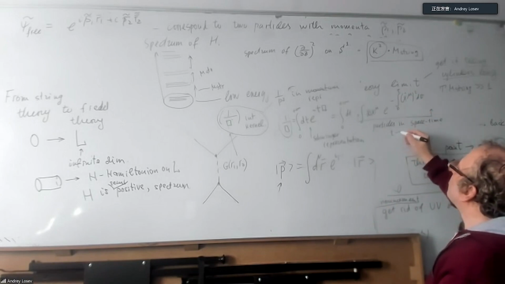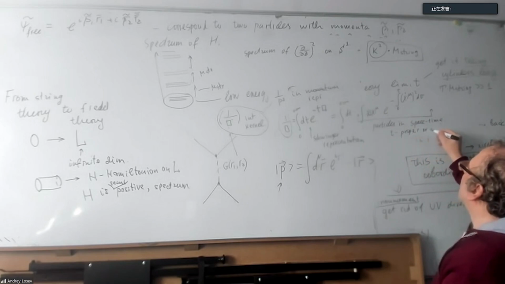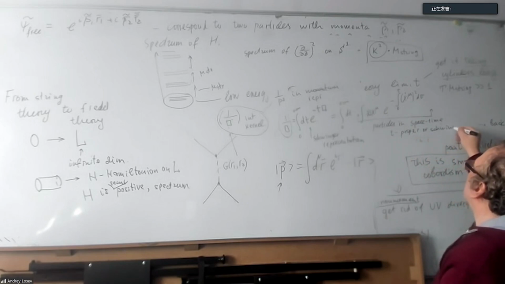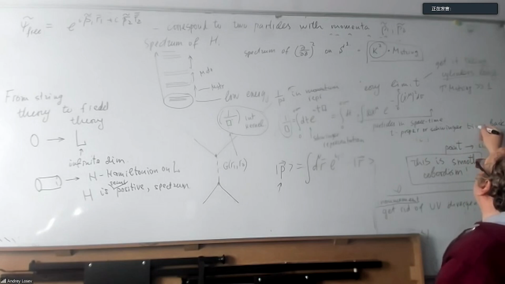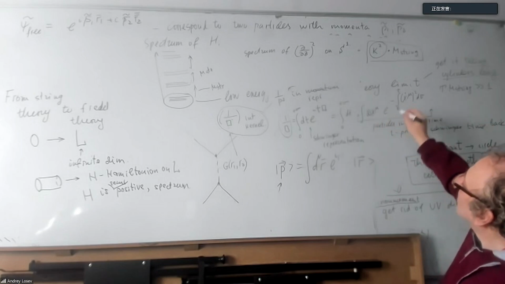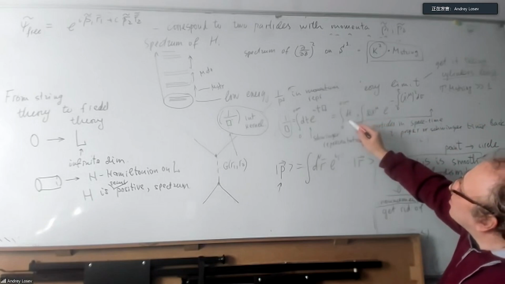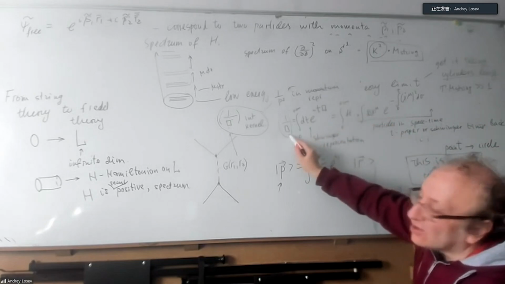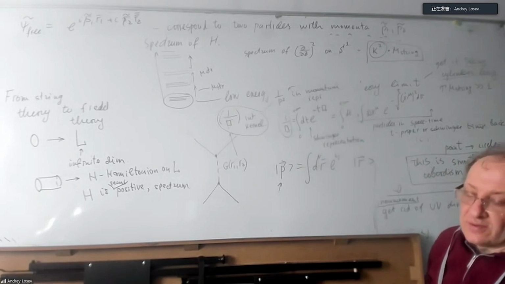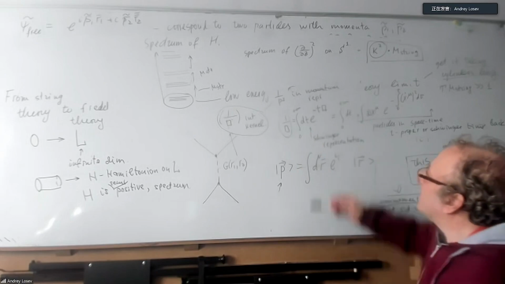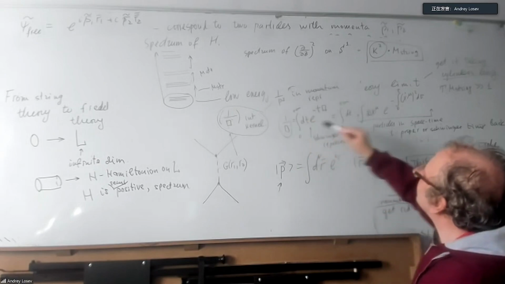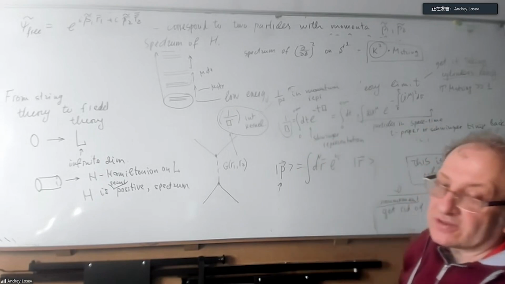This t is called proper or Schwinger time. So here we have these particles, and when we integrate over the Schwinger time, you get exactly the propagation. So whenever you have 1 over the Laplacian, you have these particles.